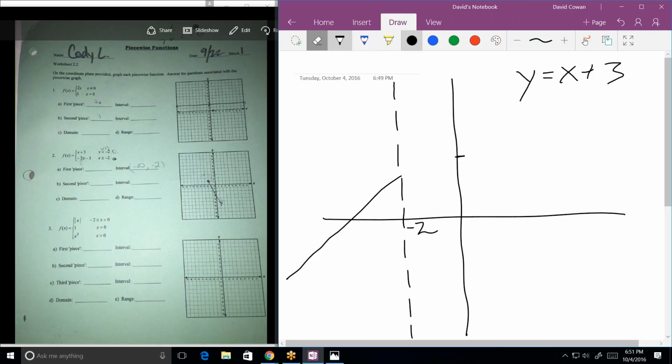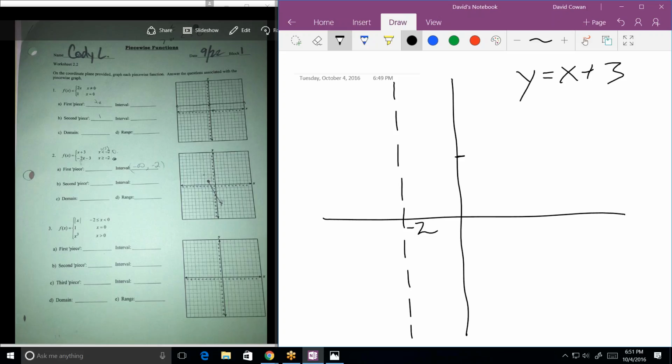The best way to do it is to take the x value right there, plug it in, minus 2. What's y? When x is minus 2, what's y? Minus 2 plus 3. What's minus 2 plus 3? 1.